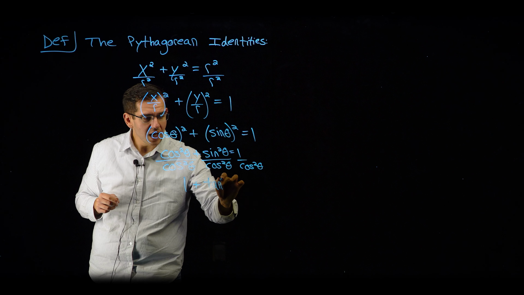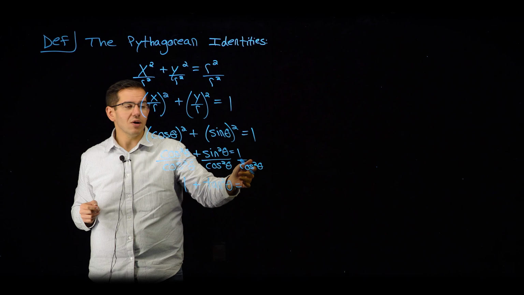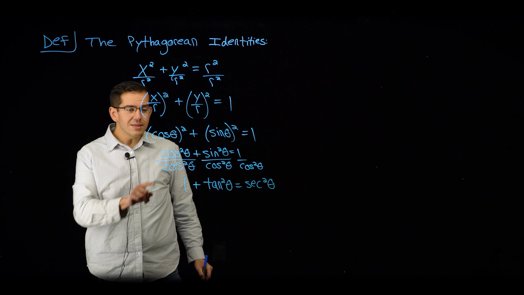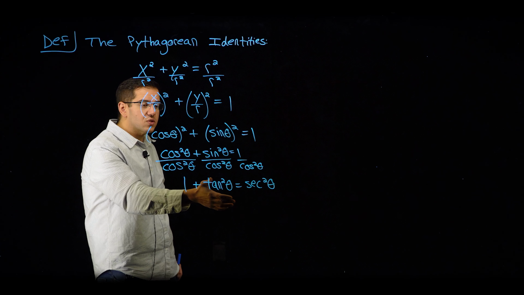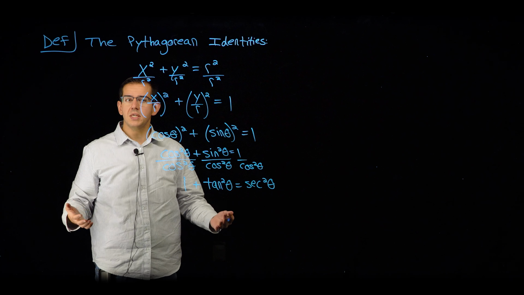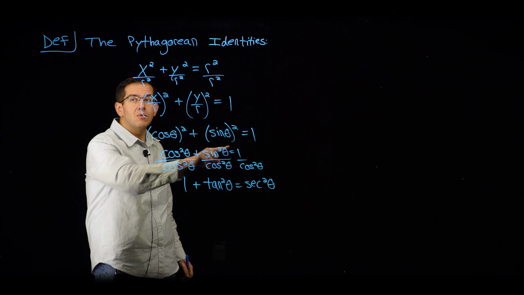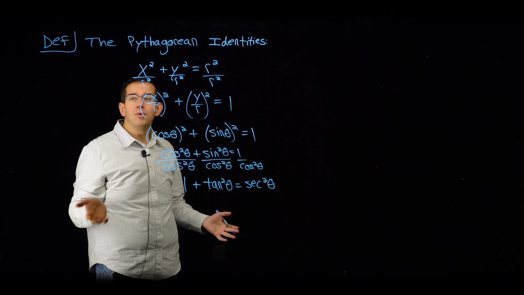So 1 plus tangent squared is equal to 1 over cosine squared, which is secant squared. This is our second Pythagorean identity. 1 plus tangent squared theta will always equal secant squared theta, just like cosine squared theta plus sine squared theta will always equal 1. These are always true no matter what you plug in for theta.